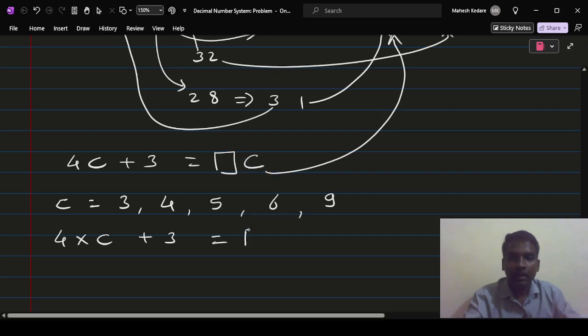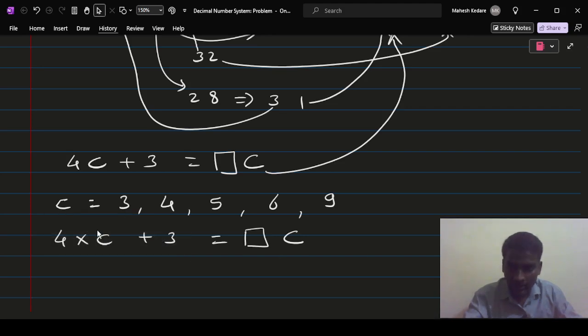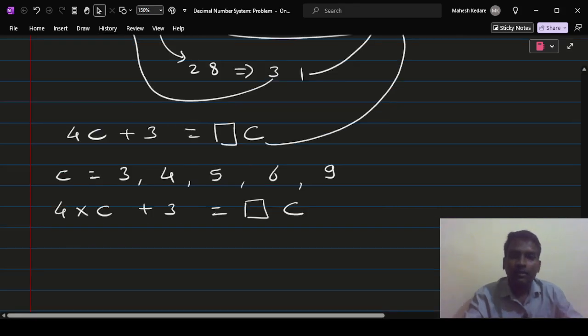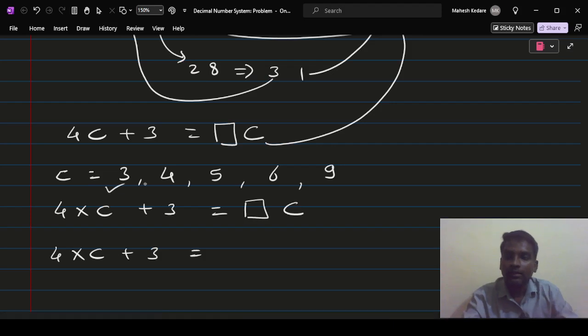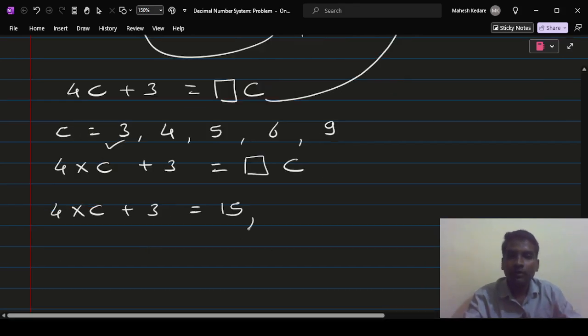I rewrite the same expression, we want C. So the number we choose for C in this operation, the same number must be present in the unit place. So let's consider the possible values of C one by one and calculate 4 multiplied by C plus 3. When we take C equal to 3, it gives us 12 plus 3, 15. When we take C equal to 4, it gives 16 plus 3 equal to 19.